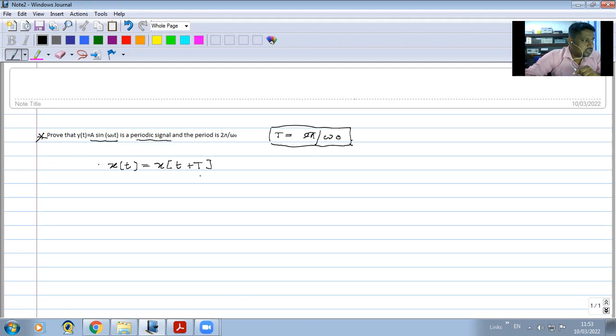This time is called the period. So if a signal gets the same amplitude after a certain time T, we call it a periodic signal. This is the condition for periodicity, and we are going to use this condition for our derivation.